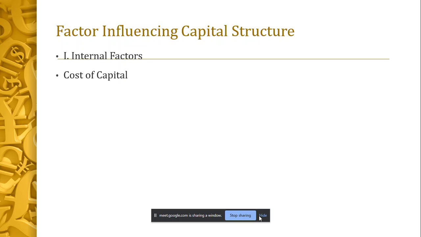Now it is necessary because first we'll have to compare all the types of funds so that we will know which type of fund would be helpful to use, so that we experience a minimum cost and have more profit in hand. That is why cost of capital becomes a factor which influences the capital structure.